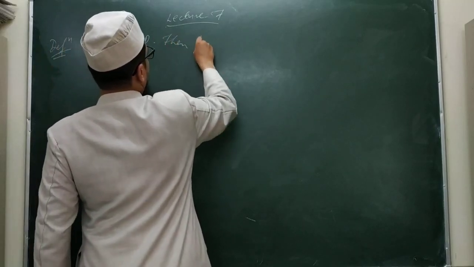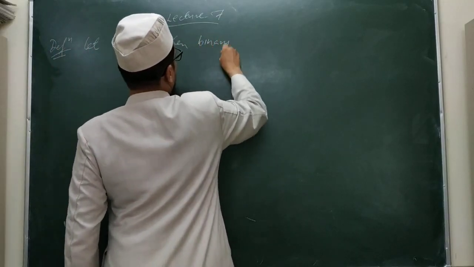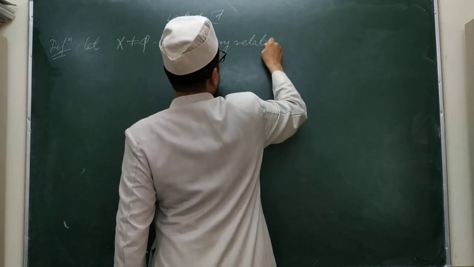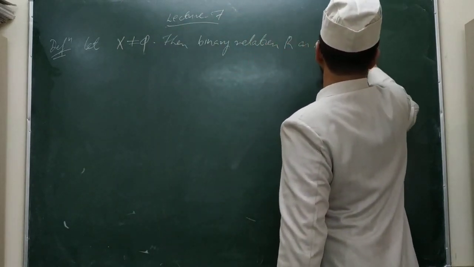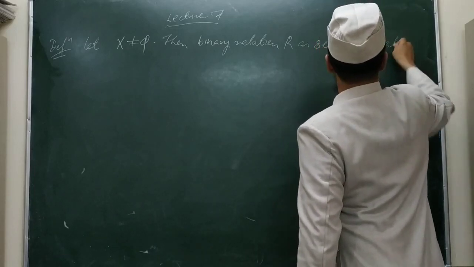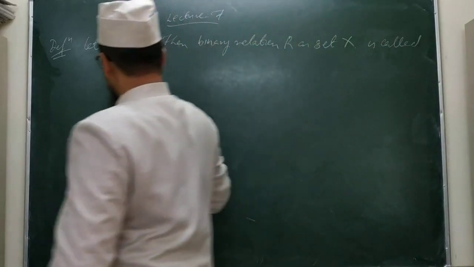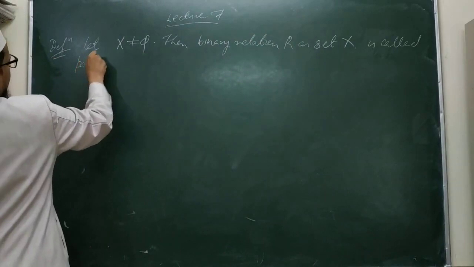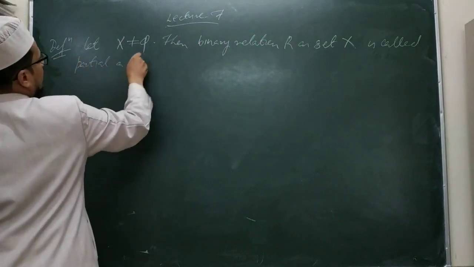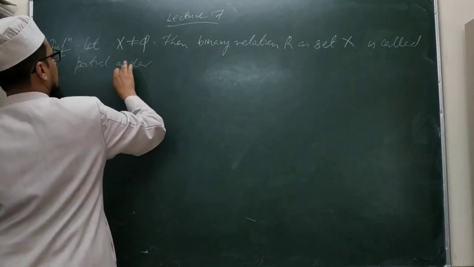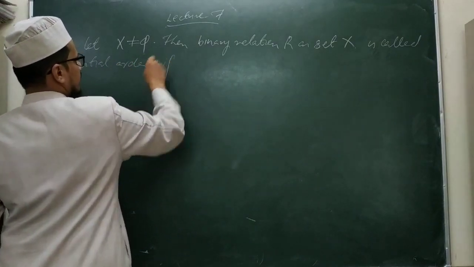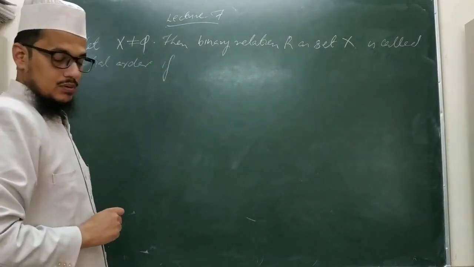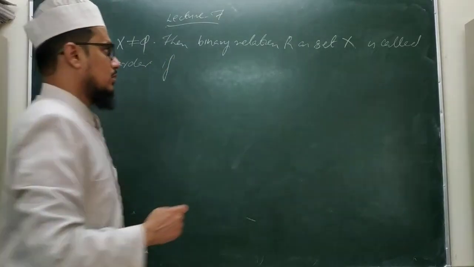Then a binary relation R on set X is called a partial order relation if... Binary relation means what?